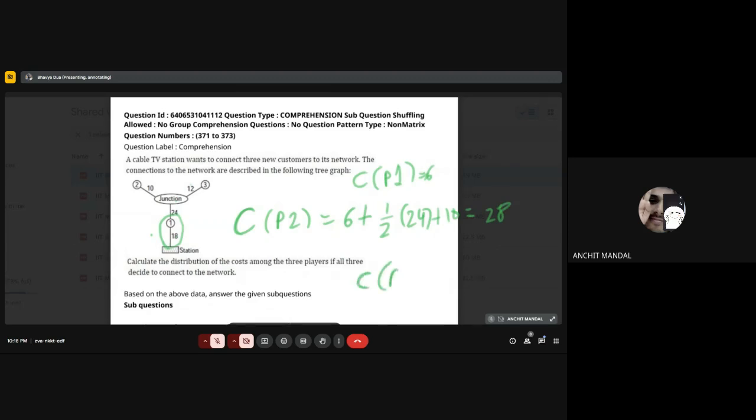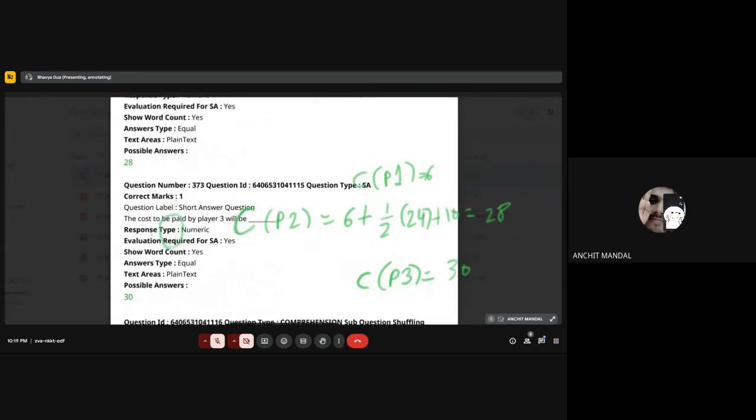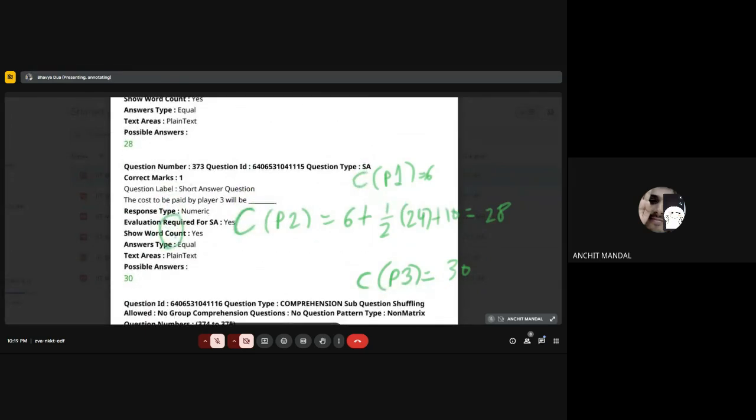Cost for player 3 is going to be 6 plus 12, that is 18, 18 plus 12, 30. They all have to add up to the same value. Let's check: 6, 28, and 30 make 64. All costs are covered.